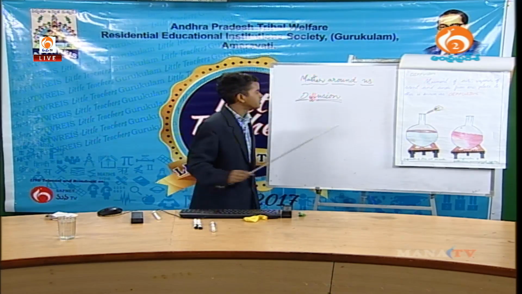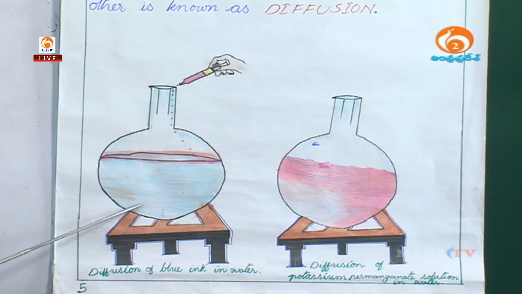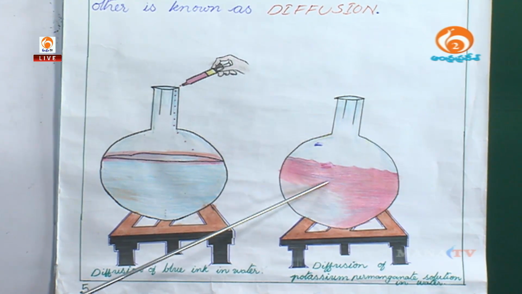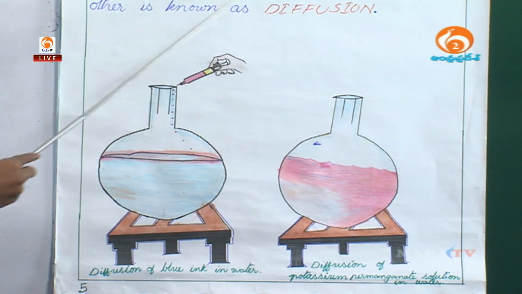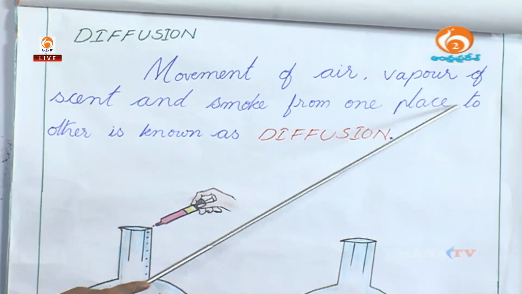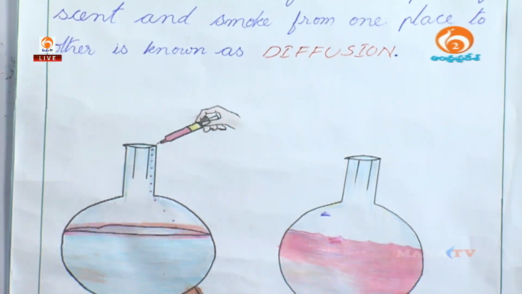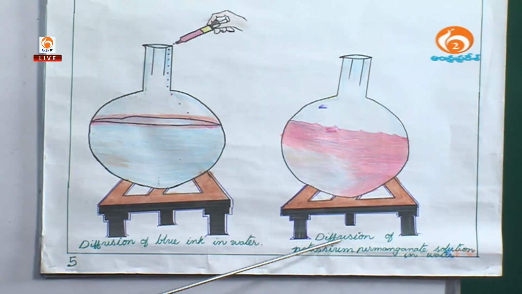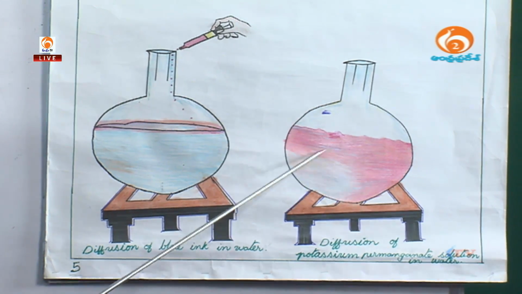Now see here: this is before mixing the ink in this beaker, and after mixing, the potassium permanganate slowly spreads like this. The movement of air, vapor, scent and smoke from one place to another is known as diffusion. See the diffusion of blue ink in water in this beaker, and the diffusion of potassium permanganate solution in water.